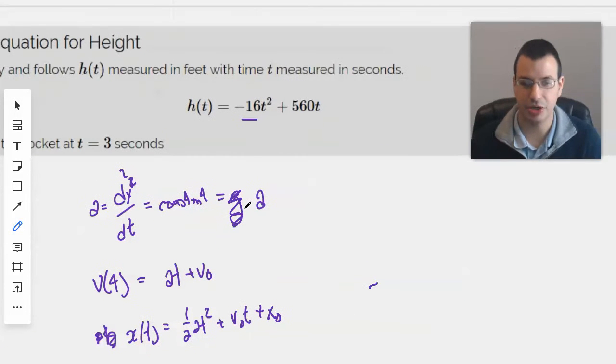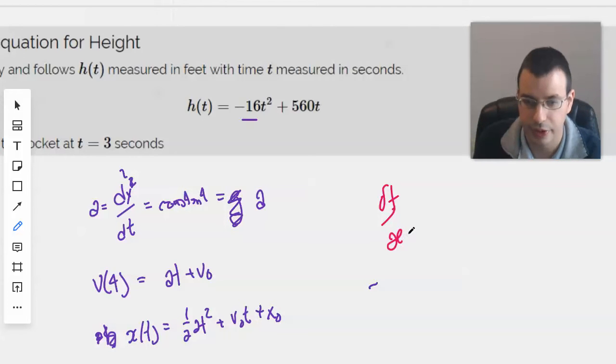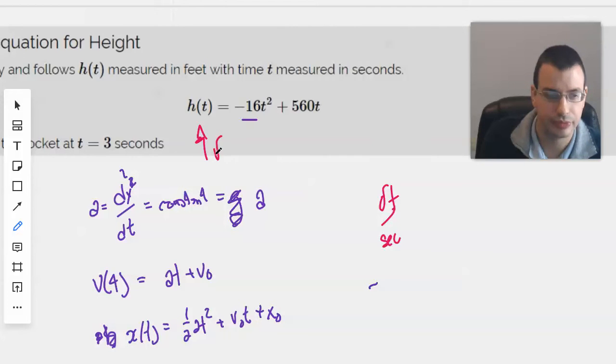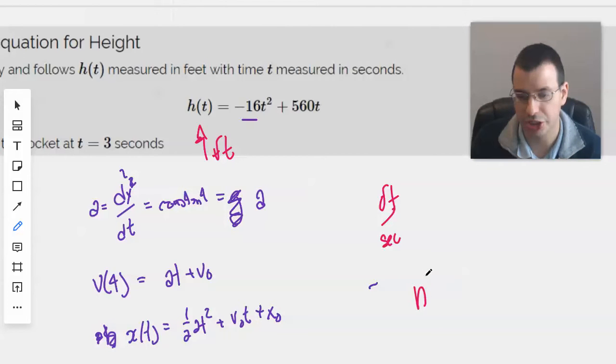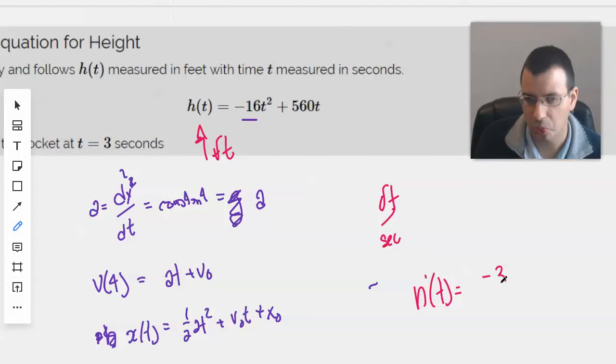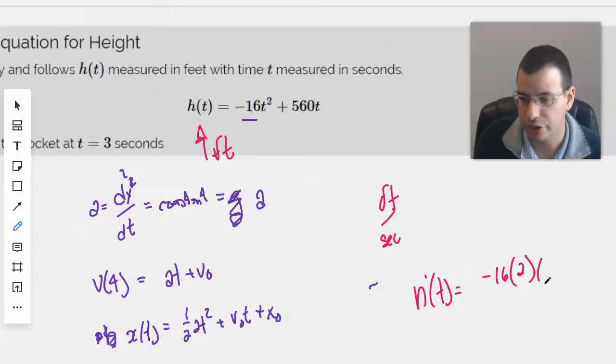So speed is measured in feet per second. And we're given feet, which is the position here. So we want to take the derivative. So h prime of t equals negative 16 times 2 times t plus 560.